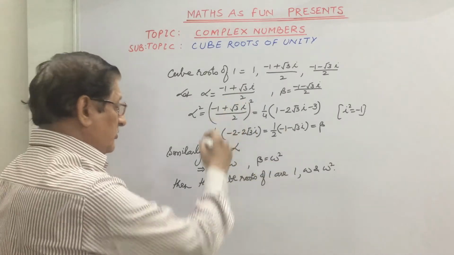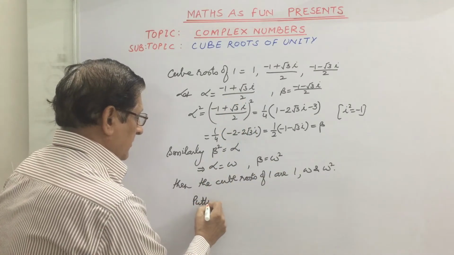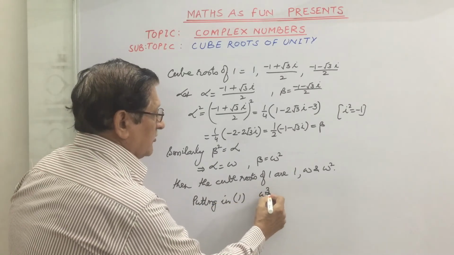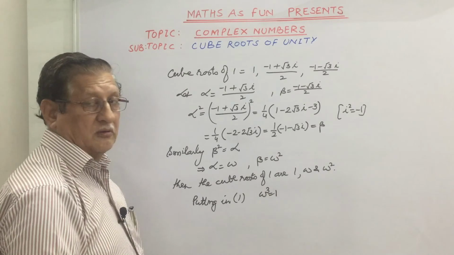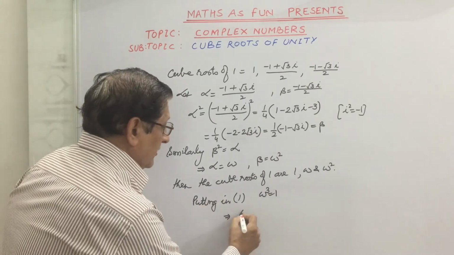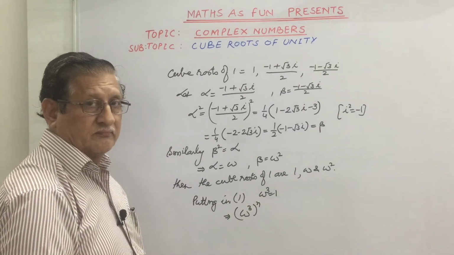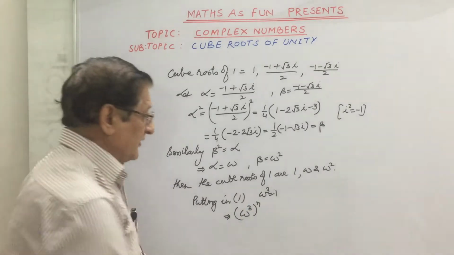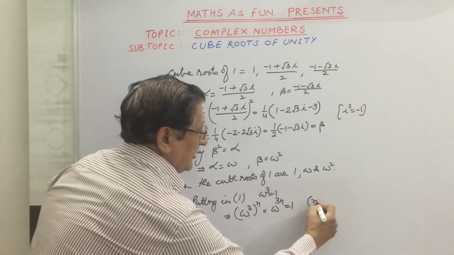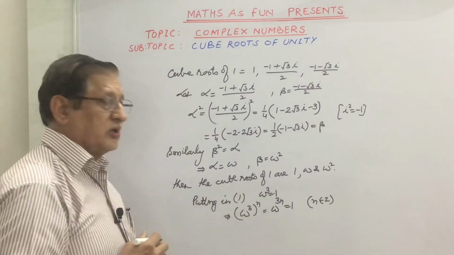If we put this value in 1, certainly we can say, putting in 1, we will get omega cube is equal to 1. This gives us the idea that if we have omega cube to the power n, that is omega to the power 3n, will also be equal to 1 if n is any integer. Omega cube is equal to 1.